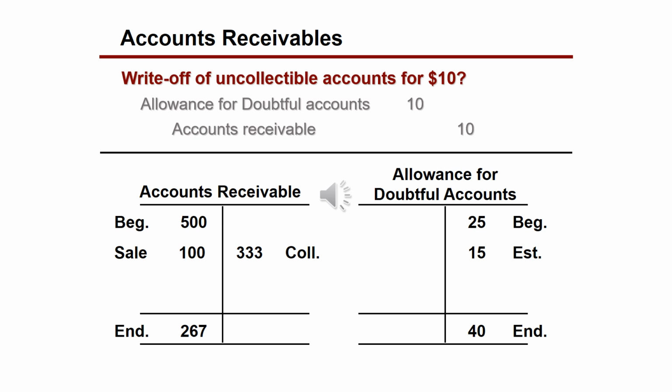In this example here, we have a $10 write-off that this company decides it is impossible to collect. So they're going to debit allowance for doubtful accounts of $10 and credit accounts receivable for that same amount, and of course post these into the appropriate ledger accounts.